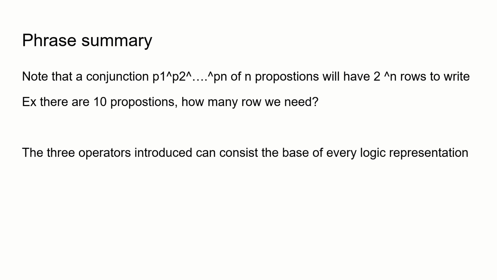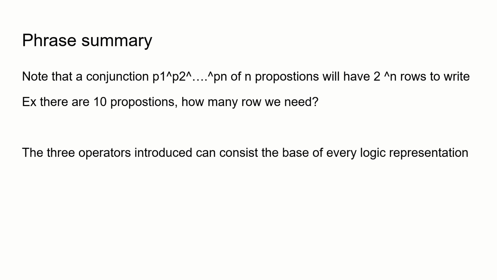Okay, so here's a summary. We learned that if we have n propositions in conjunctions, we will need 2 to the power of n rows to write down, because we have to compare the differences. So here comes a simple exercise.